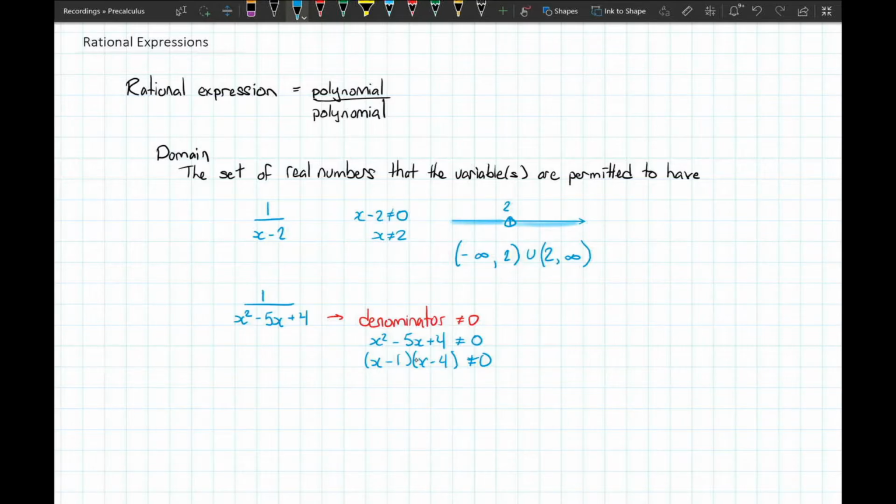Now, if you ever have the circumstances where you have two factors that multiply to 0, this is called a zero product because it's a product of multiple things that equals 0.